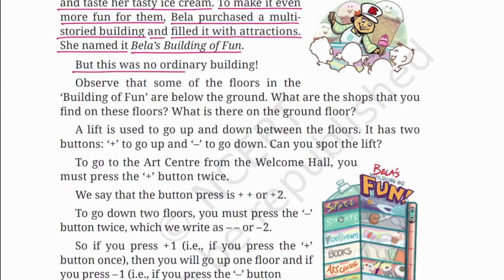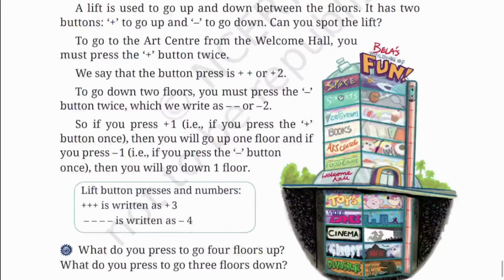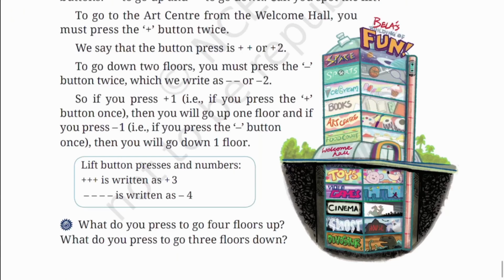But this was no ordinary building. Observe that some of the floors in the Building of Fun are below the ground. What are the shops that you find on these floors? What is there on the ground floor? You can see Bella's Building of Fun here.